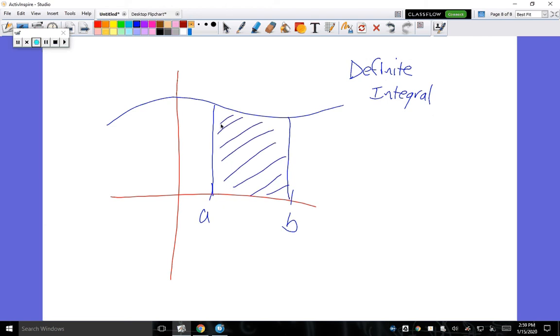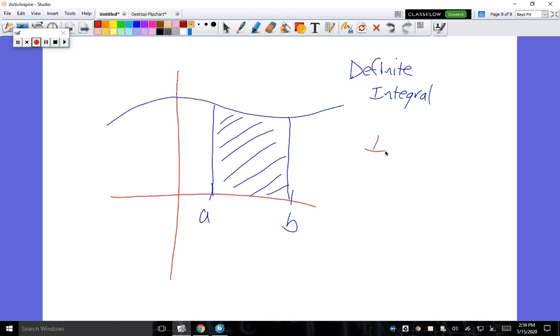That's a definite integral. One person in second period got 300 points because of the question this person asked, and I'm going to see if I can lead you to that same thing. This is a definite integral.